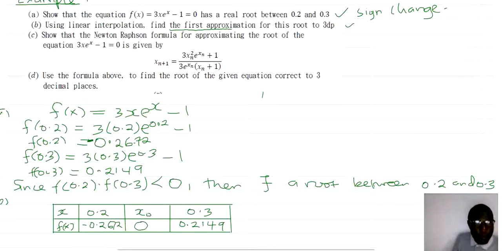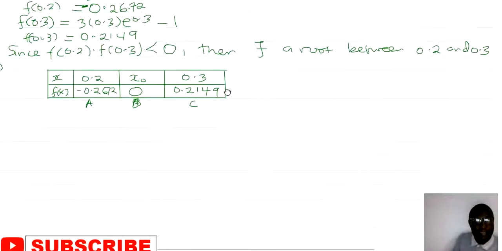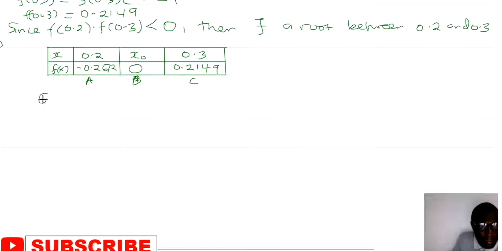Now we use linear interpolation, and while you're using linear interpolation, remember you have to put in mind the idea of gradients. So I'm going to have gradient AB is equal to gradient AC. I'm shortening this to just grad.